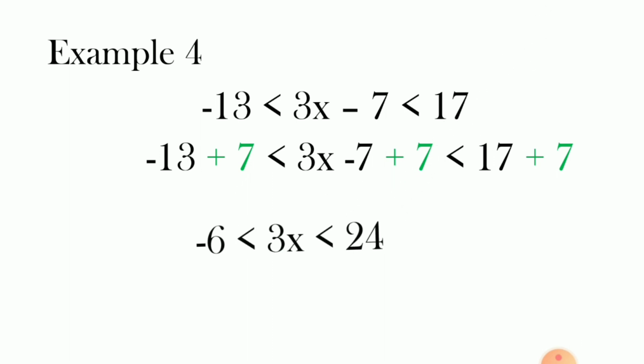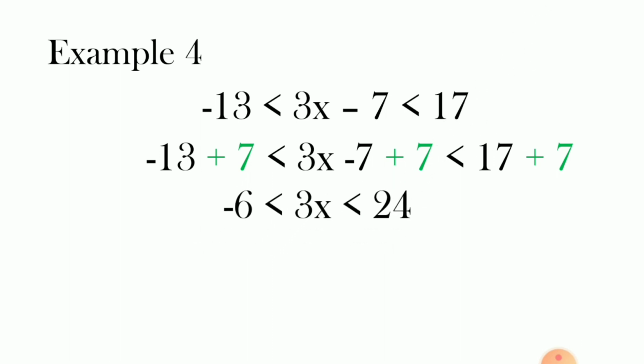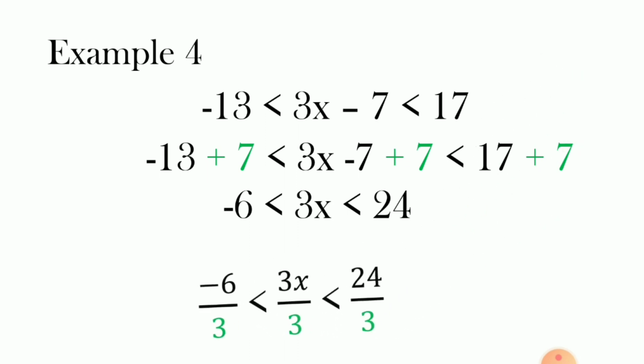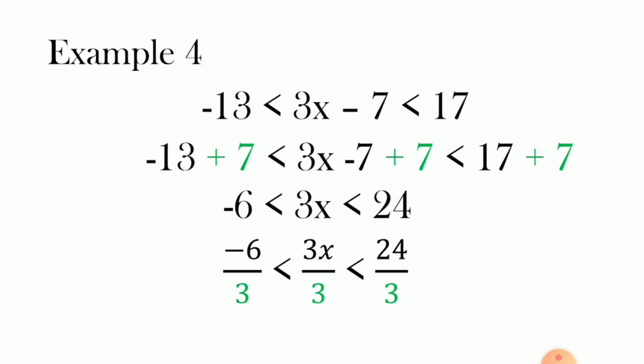So that is now 3x is greater than negative 6 and is less than 24. Then divide all the inequalities by 3. So that is negative 6 divided by 3, 3x divided by 3, and 24 divided by 3. That will now be x is greater than negative 2 and is less than 8.